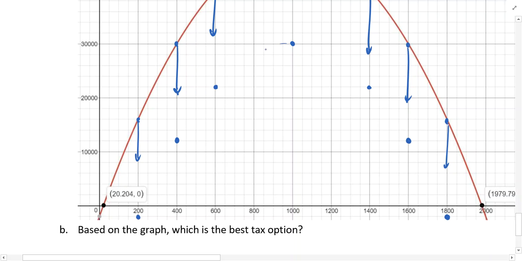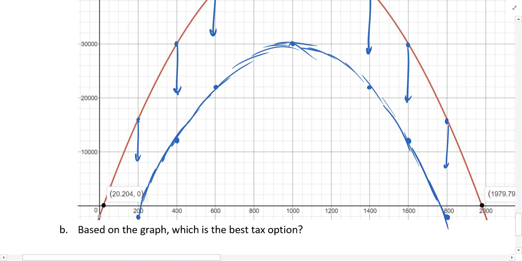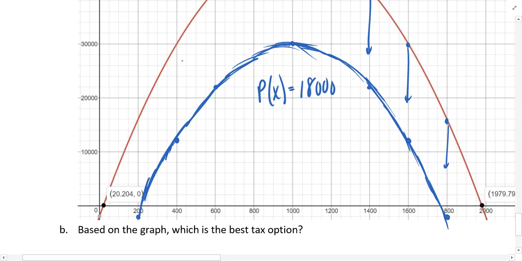If I were to connect these remaining dots to make a smooth and continuous graph, then this blue sketch represents the profits after we pay our taxes, if we were to choose the first option of a flat tax. Now, not too many people are excited about paying taxes, but if this was our option, then we could now establish our new profits based on any X amount of paint being sold.